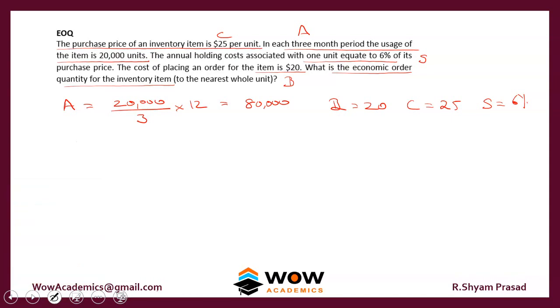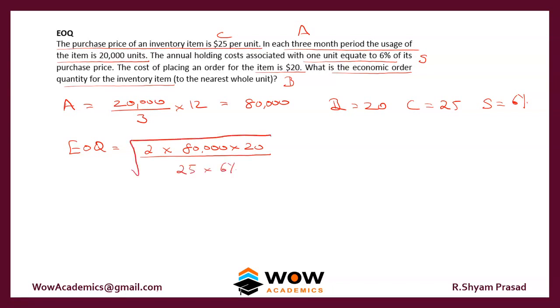So we'll start with the EOQ formula. So EOQ equals the square root of 2 into A, which is 80,000, into B, which is 20, divided by CS, 25 into 6%. So for the entire thing, we have to take a square root. If we solve, the numerator comes to 32 lakhs and the denominator comes to 1.5.